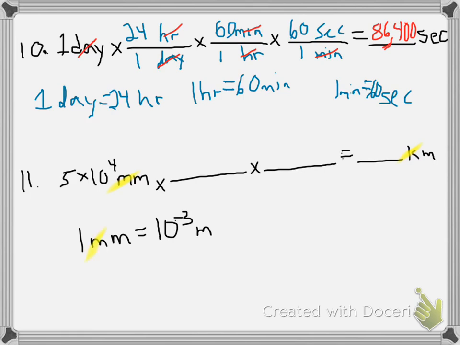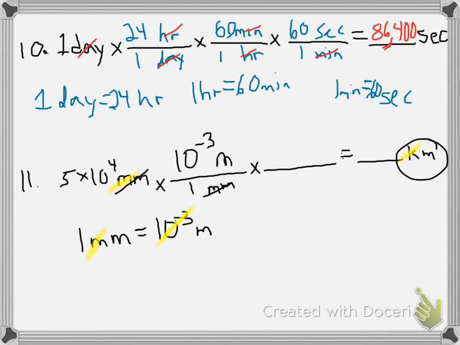Again, milli is the same thing as 10 to the negative third, so this is an equivalent statement. So millimeters goes in the bottom because I need to get rid of that, and meters is on top. I have 10 to the negative third meters per 1 millimeter. Those are equal. So now millimeters cancels out and I'm left with meters, but I need to get to kilometers.